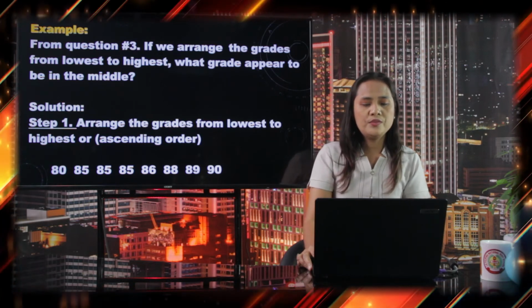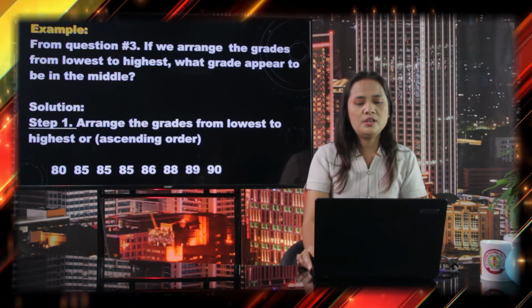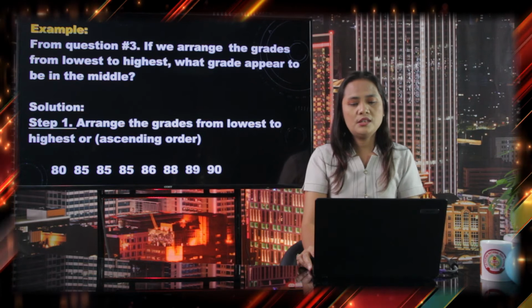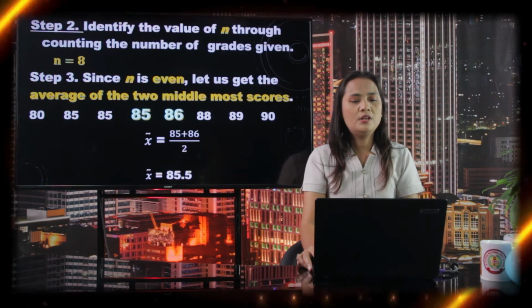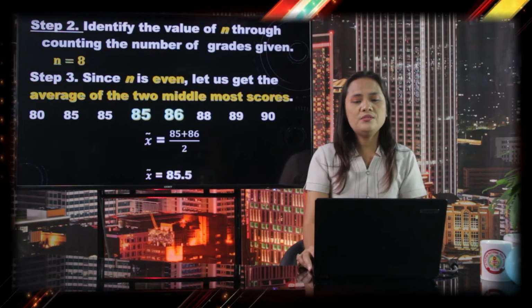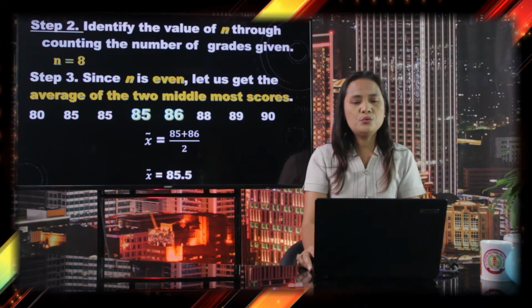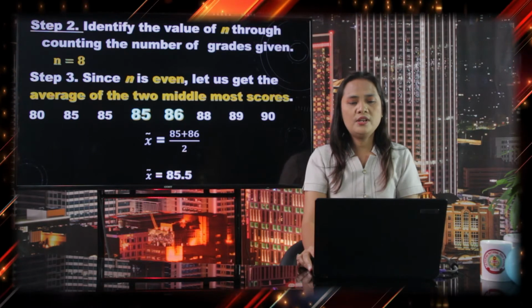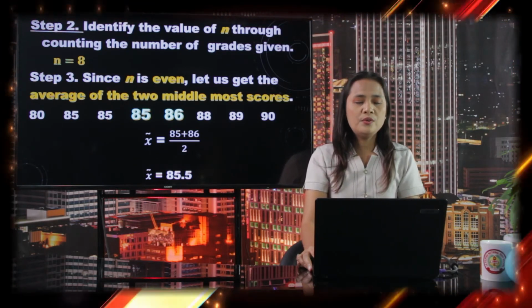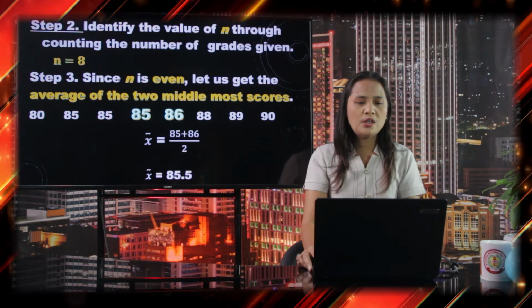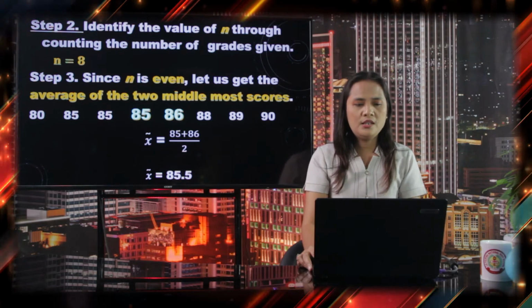We have 80, 85, 85, 86, 88, 89, 90. Step 2. Identify the value of n by counting the number of grades given. We have 8 grades, so n is equal to 8.